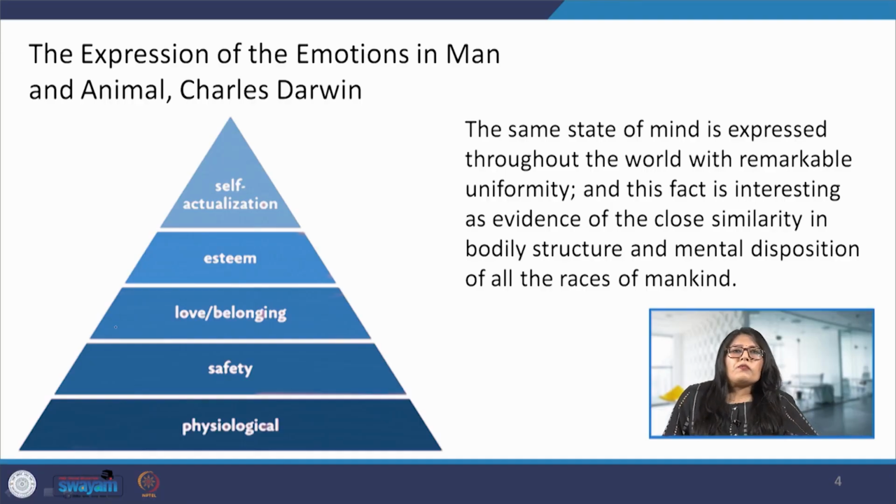You must be familiar with Maslow's pyramid of needs, where at the base we have the physiological needs, then safety, then belonging, and esteem and self actualization. If we think back, we do not really develop emotions later on. We do not develop emotions by watching how people emote.